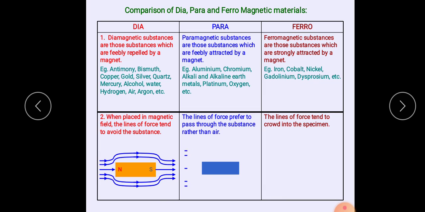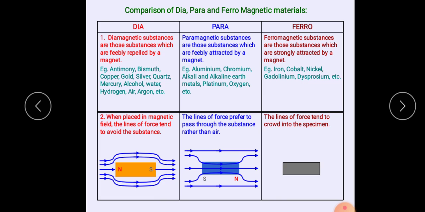In case of paramagnetic, the lines are going into the material. In case of ferromagnetic, the extent of magnetic field lines going inside the material is more in ferromagnetic and less in paramagnetic.